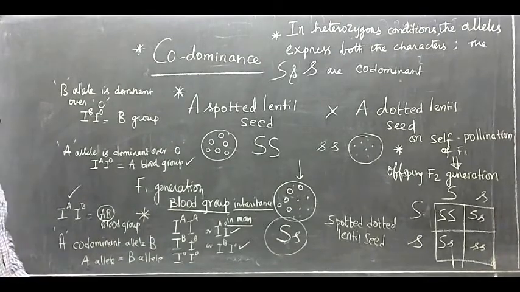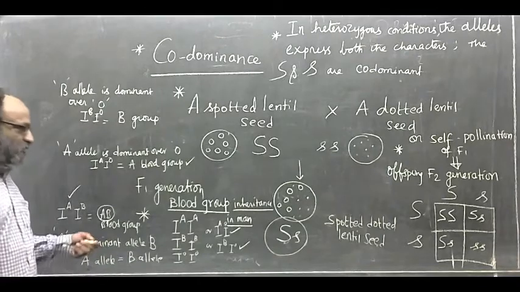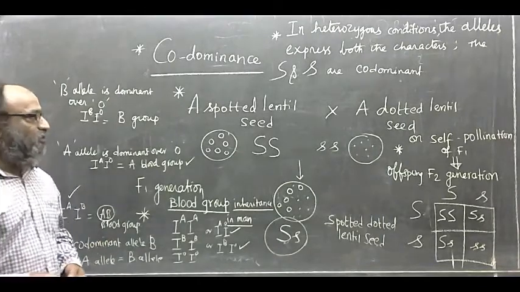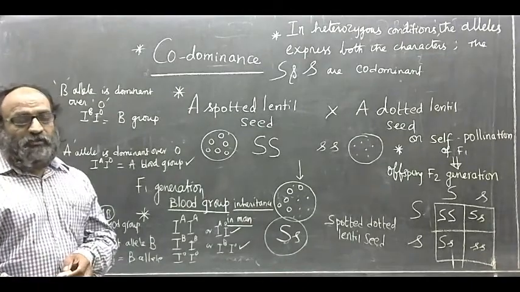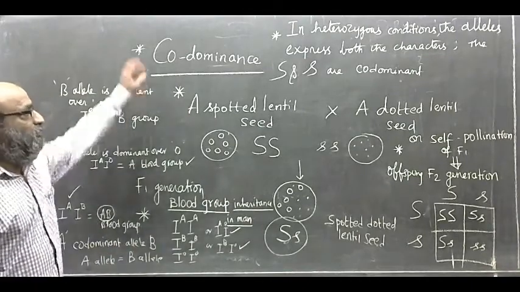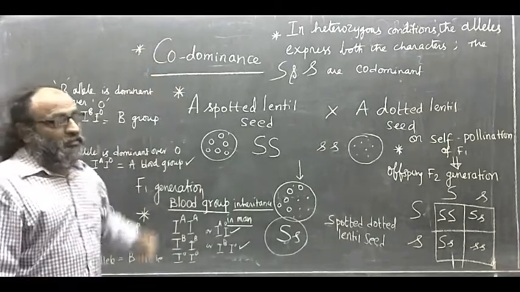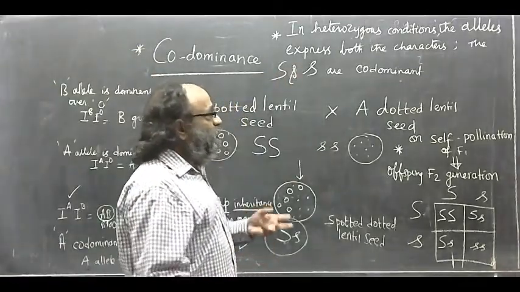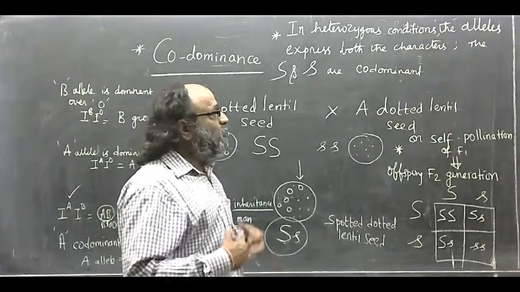So, even the inheritance of blood groups such as the AB blood group in human beings is an example of codominance. Codominance is a phenomenon in which, in heterozygous condition, the alleles express both the characters.